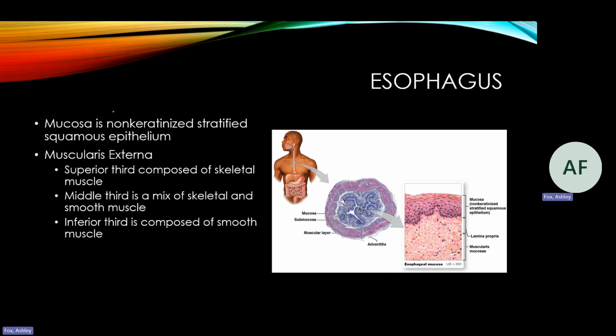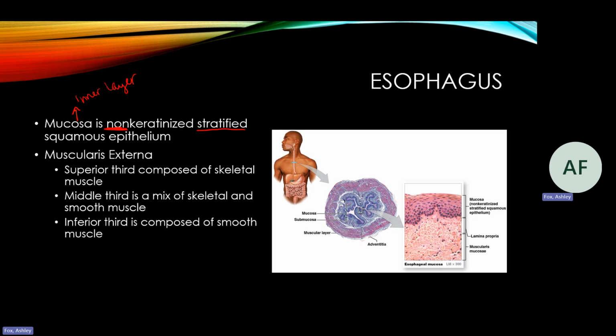So the mucosa, which is the inner layer of the esophagus, is non-keratinized. It's not hardened, it's for moisture, but still protective, where it's stratified squamous, because we can have a lot of abrasion coming down through the esophagus.